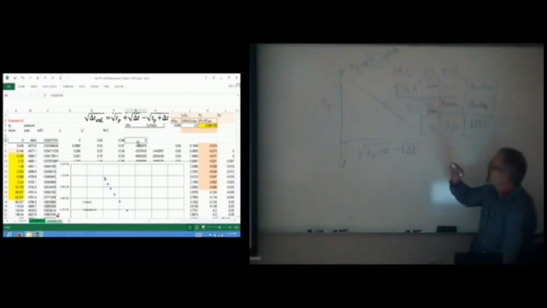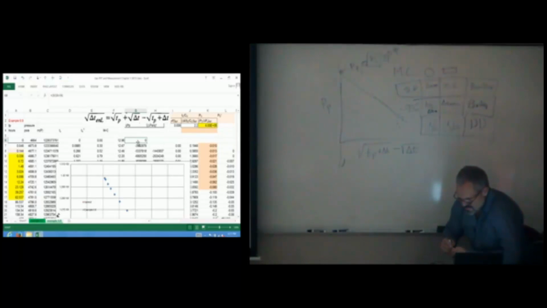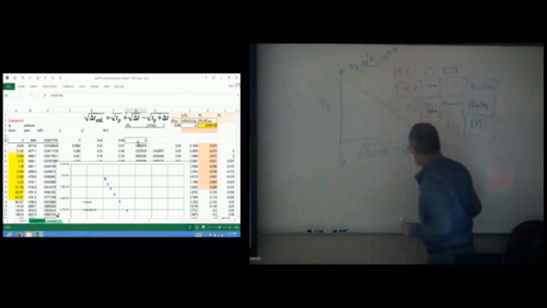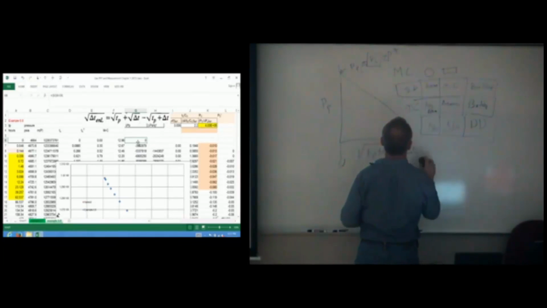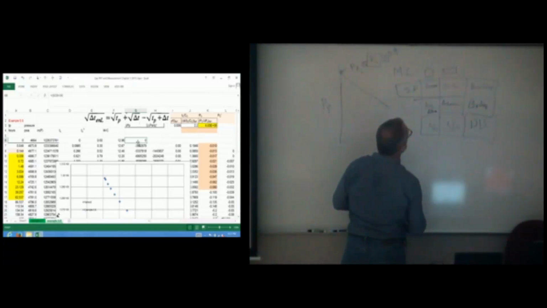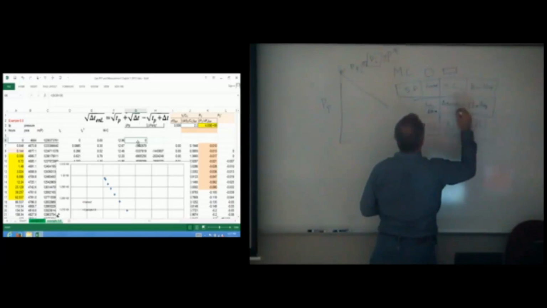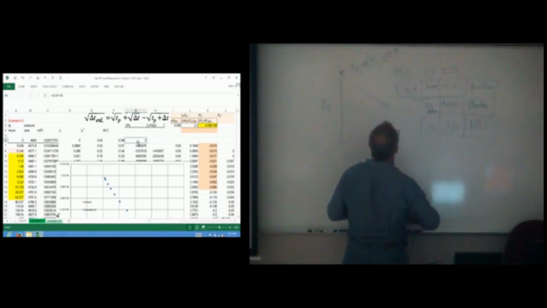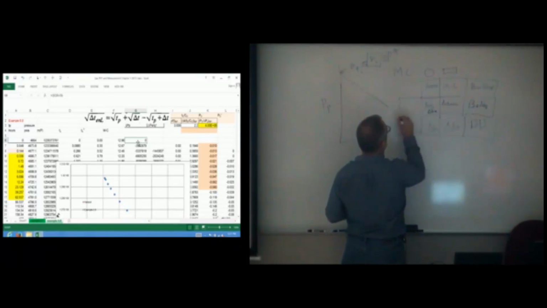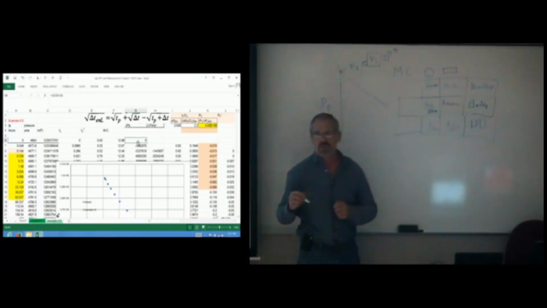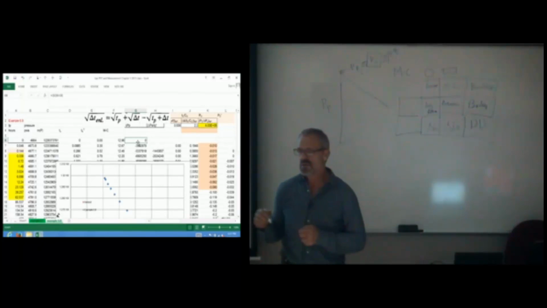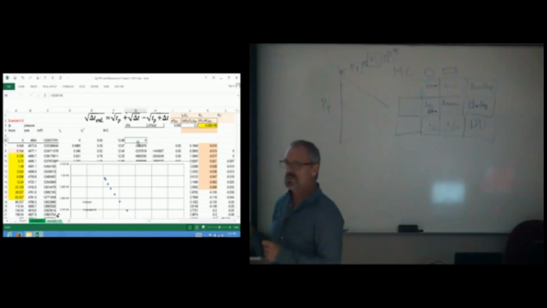I don't know if this is going to be off the screen or not. Yeah. When calculating MC time, that delta T in there, are we supposed to be using the square root of TA or just TA?